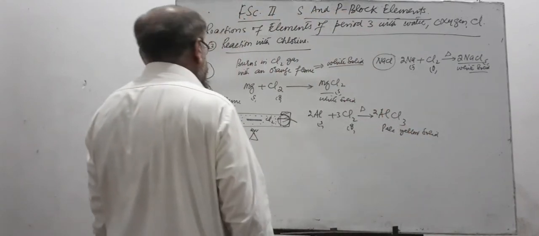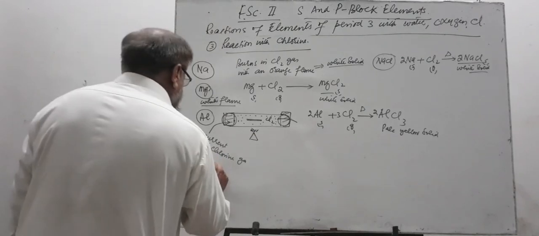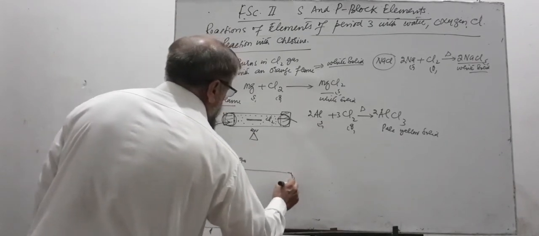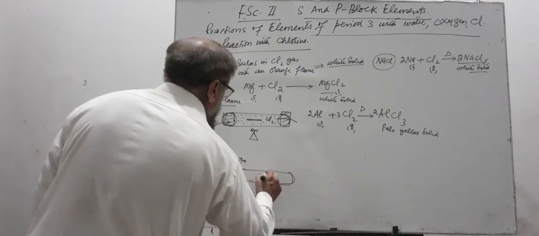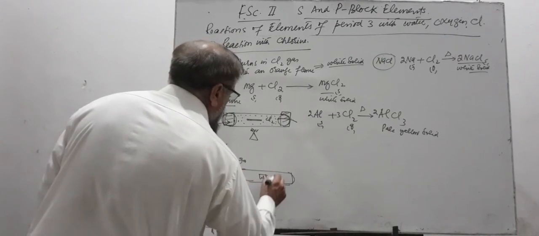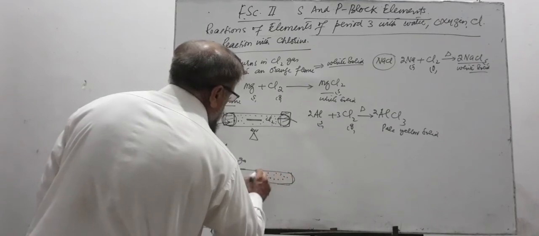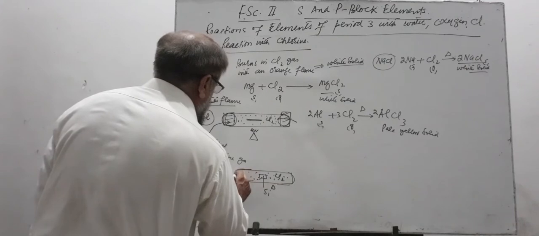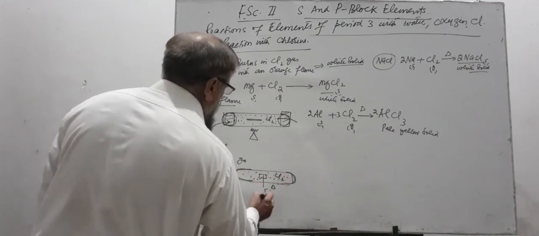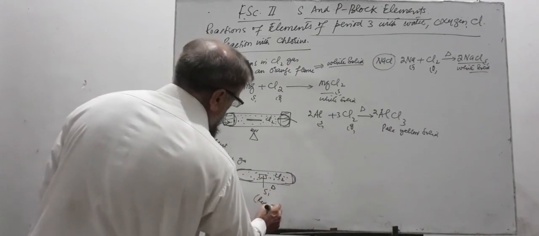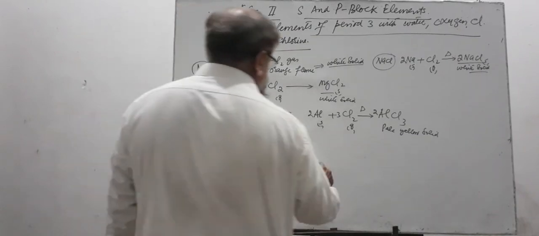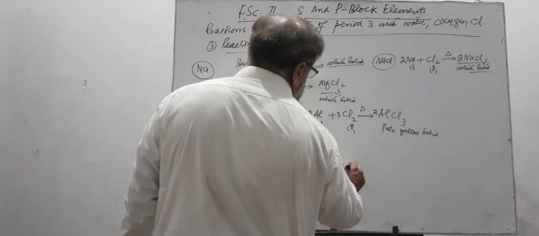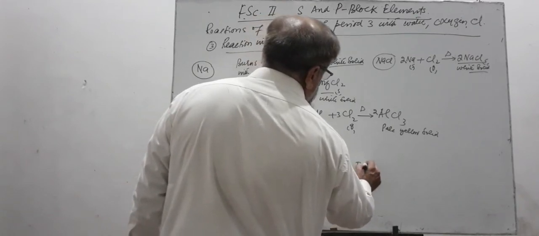We are heating. The reaction with silicon is also performed similarly. We take a sealed tube, a piece of silicon, and atmosphere of chlorine, and we heat it in a current of chlorine when silicon is in red hot condition, so that silicon tetrachloride is formed.